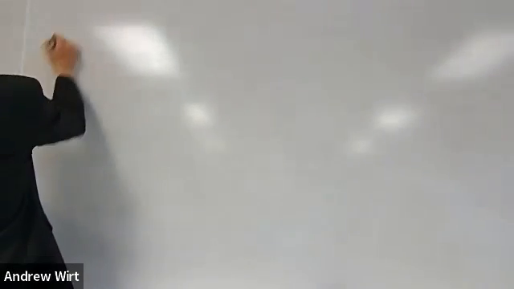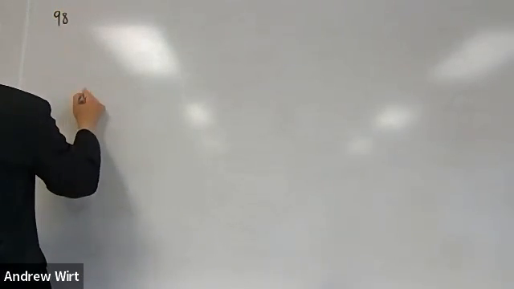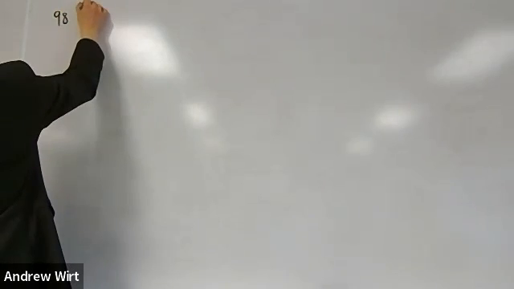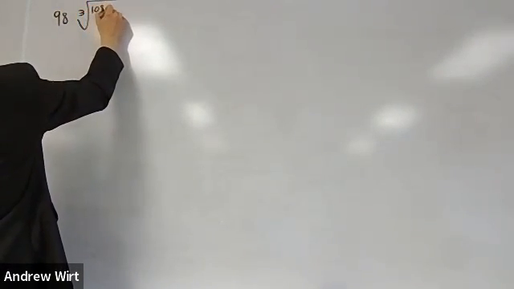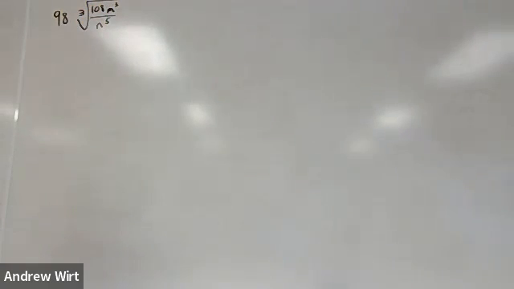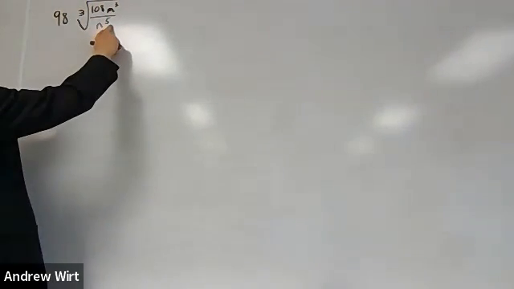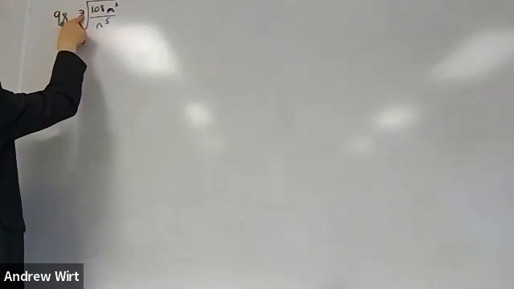All right, 98. Now to rationalize something like this, keep in mind, if we want to remove the radical, we need to have an exponent here that's a multiple of 3.